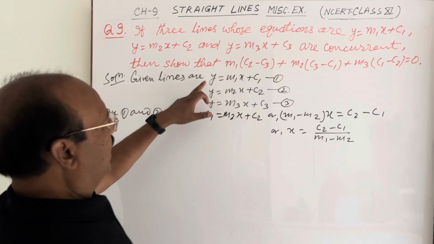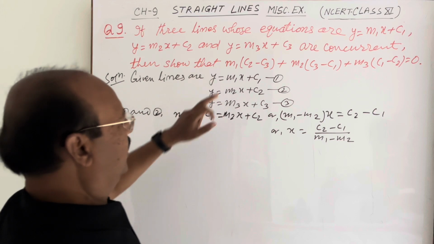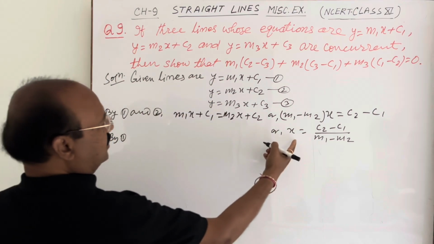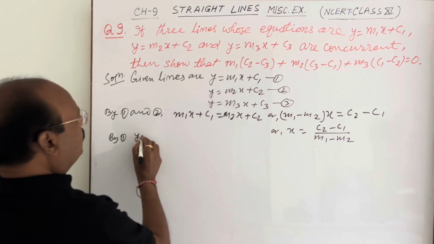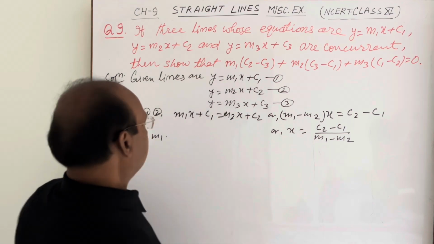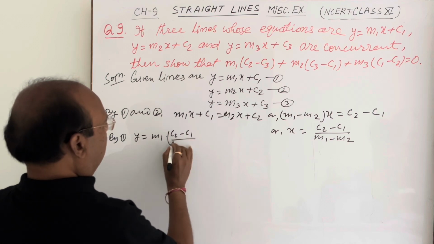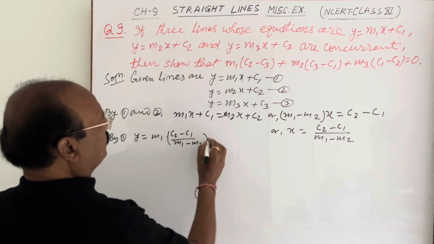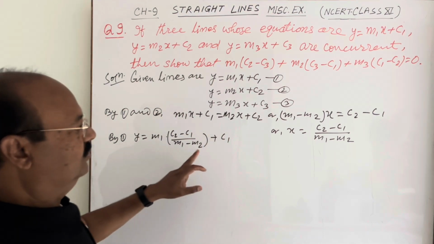So putting the value of x here, we will get the value of y. By equation number 1, let us put this value: y = m1 into x, so in place of x we can write (c2 - c1)/(m1 - m2), plus c1. This is the value of y.